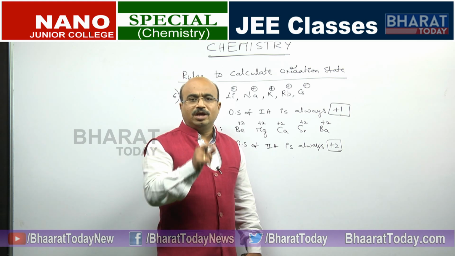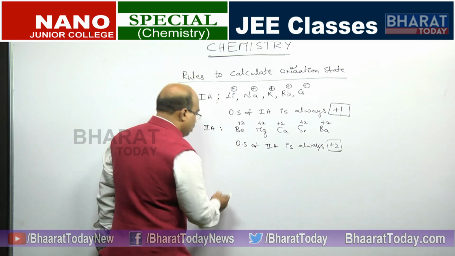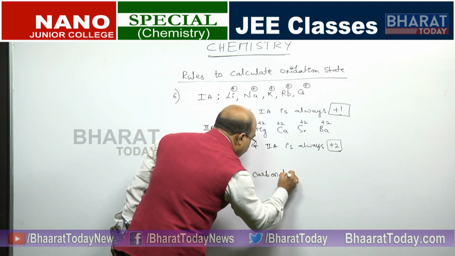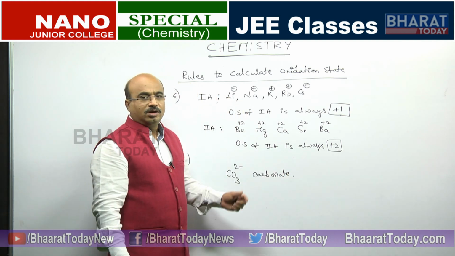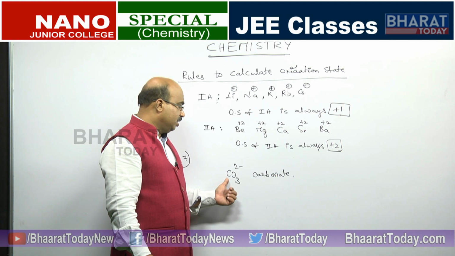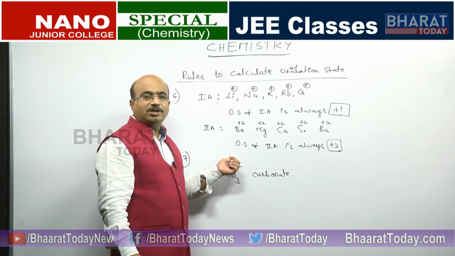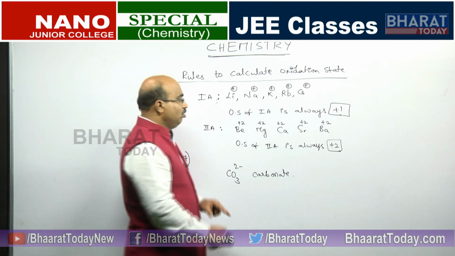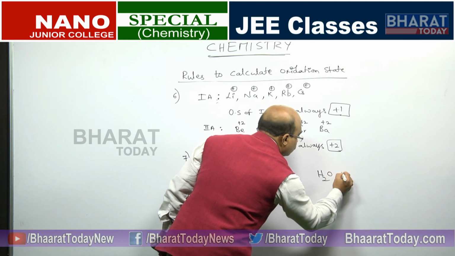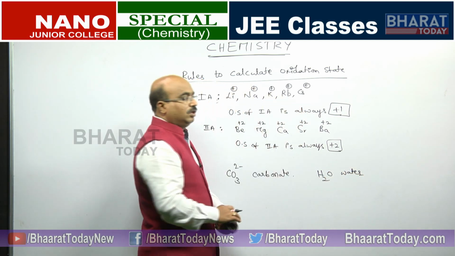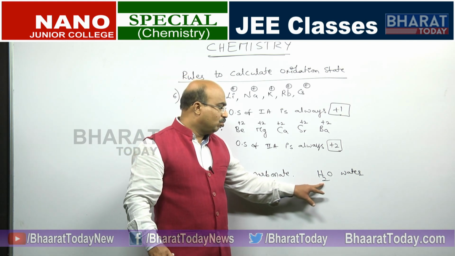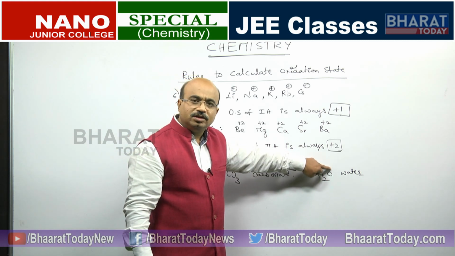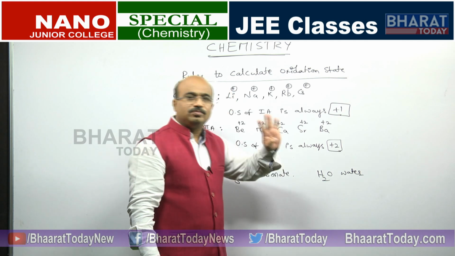But on an ion, like CO3 2-, which we call carbonate, the total charge on the carbon and 3 oxygens together is -2. But if you take a molecule like H2O, water, the total charge on 2 hydrogens and oxygen is 0, because on a molecule we do not mention any charge. That means the charge on a molecule should be 0.